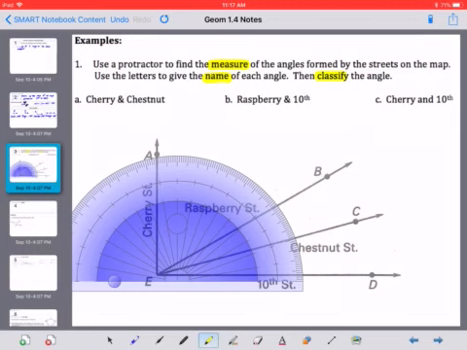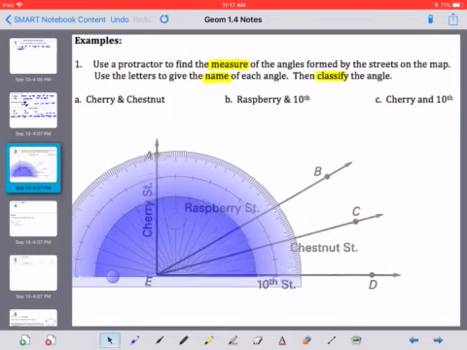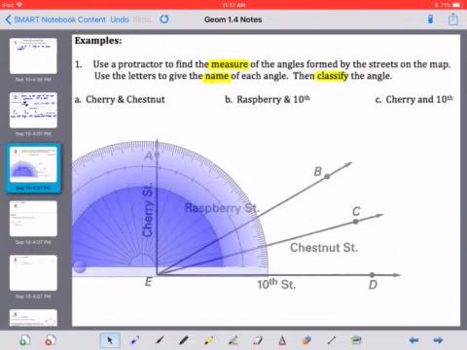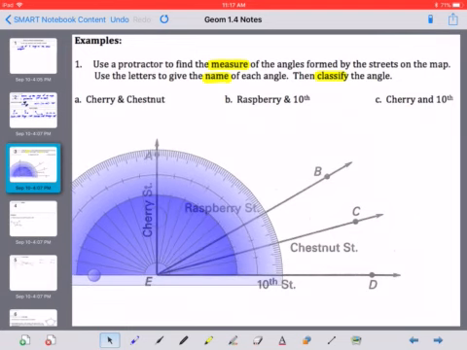When you use a protractor, make sure it's lined up so that the center point is on the vertex, or the corner, of your angle, and this here would be our 0 degrees. Then we go up by 10 degrees: 10, 20, 30, 40, 50, 60, 70, 80, and 90. Your protractor should have numbers on it.